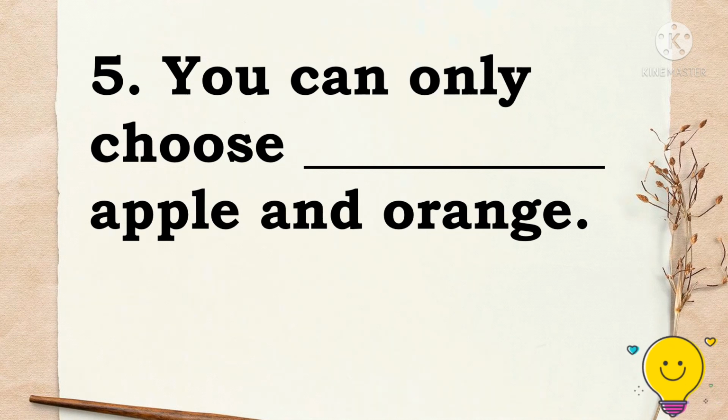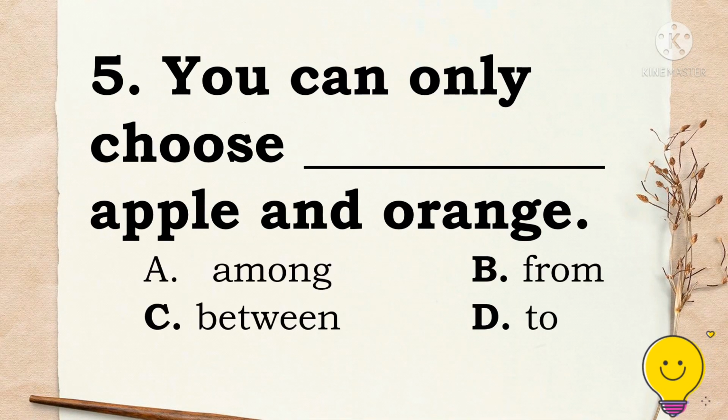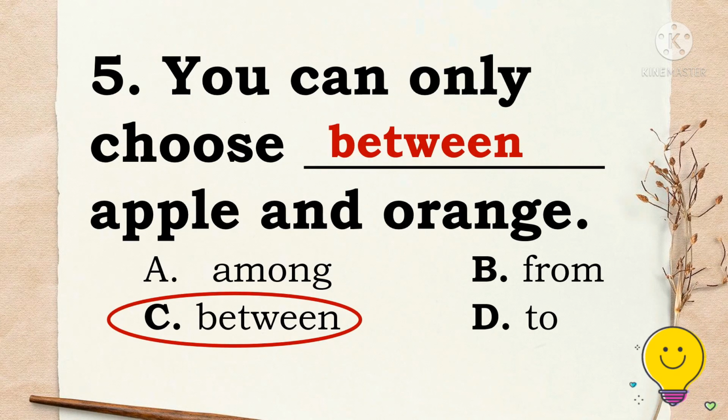You can only choose blank apple and orange. A, among. B, from. C, between. Letter D, to. Very good. It's letter C, between. You can only choose between apple and orange.